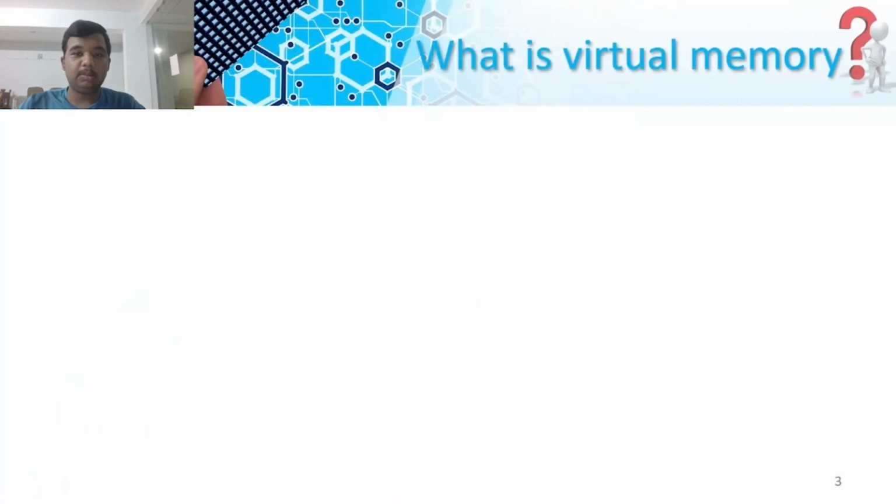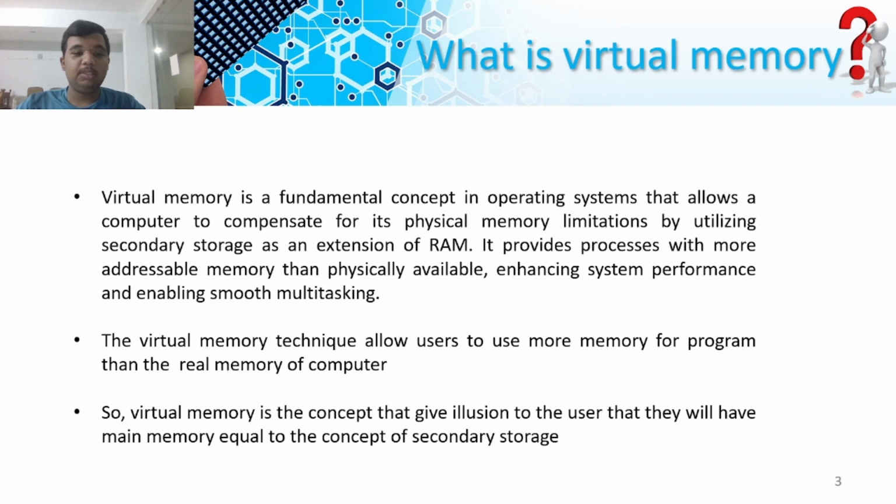What is virtual memory? Virtual memory is a fundamental concept in operating systems that allows a computer to compensate for its physical memory limitations by utilizing secondary storage as an extension of RAM. It provides processes with more addressable memory than is physically available, enhancing system performance and enabling smooth multitasking.